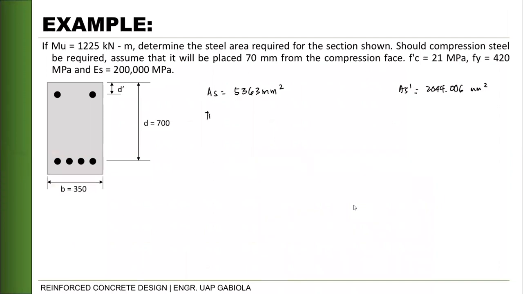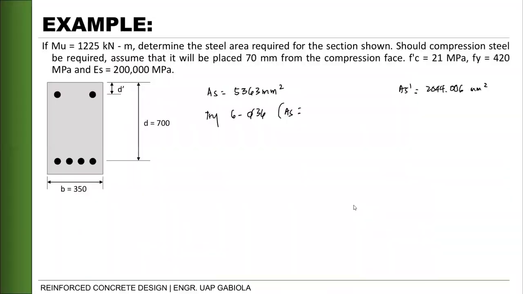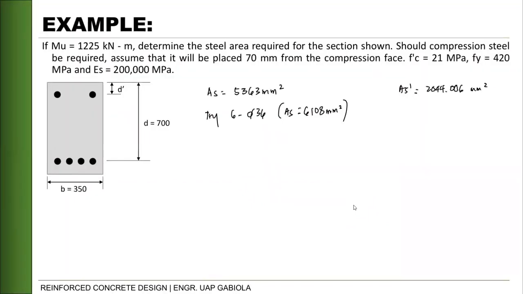Ang As nito is 6108 mm squared. Okay? So again, ang requirement para sa 6 pieces na 36 ay 512. Pero pag 3 pieces lang siya na 36, that is 296. So pwede yung 350 na width. Okay? So gagawin natin tong 2 layers.